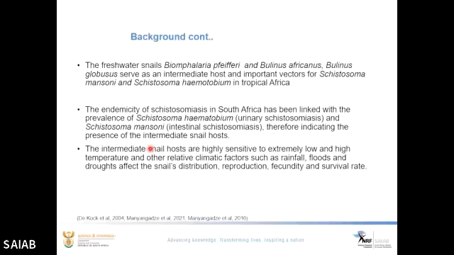These freshwater snails are highly sensitive to fluctuations in temperature, which can be attributed to their poikilothermic nature, meaning they respond very rapidly to sudden changes in climatic conditions. Other factors such as rainfall, floods, and droughts affect the snail's distribution, reproduction, fecundity, and survival rate.